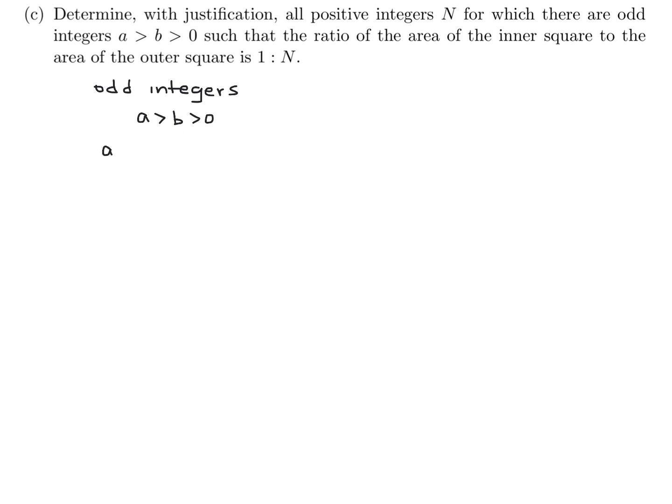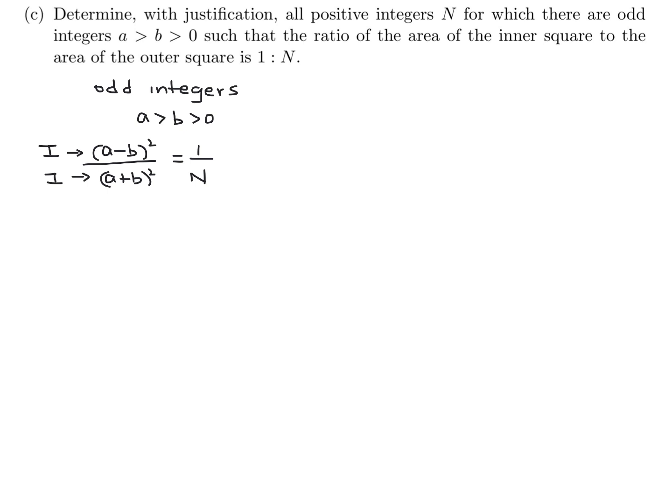And the same thing as before, that (a minus b) squared over (a plus b) squared is equal to 1 over n. Same kind of story as part B previously. Okay, so the same kind of rationale that this is an integer, a minus b, and so is this.